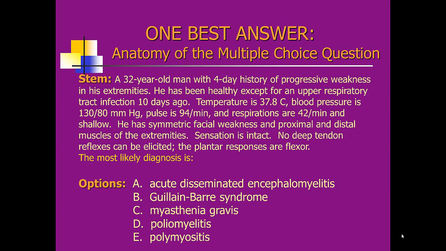Other thing is, once again, to cut down on time here. Notice how these are ordered. They're in alphabetic order. Okay, so you have A, G, M, P, P. Why do you think that might be a good strategy to put them in alpha order? You as an examiner.